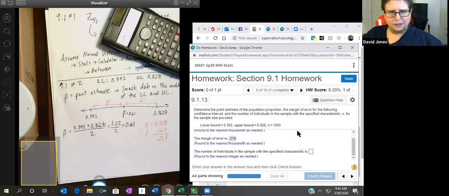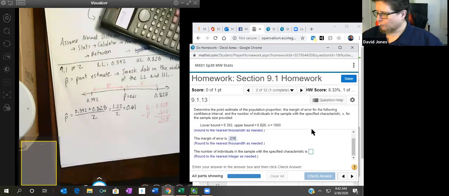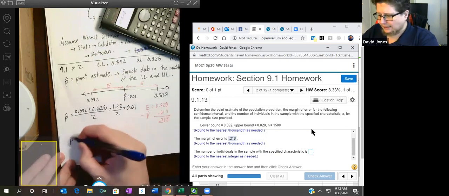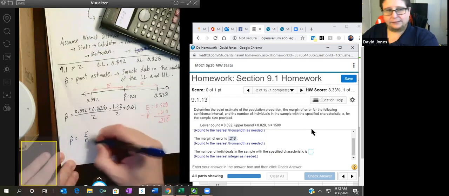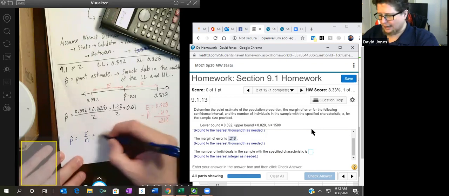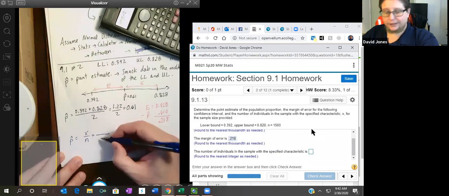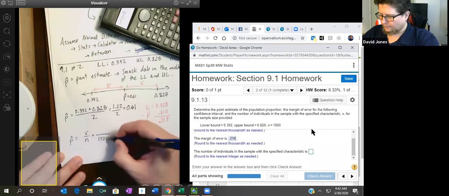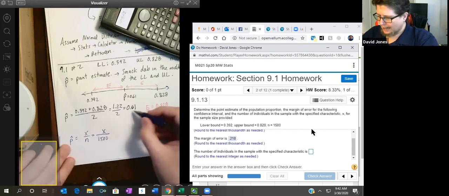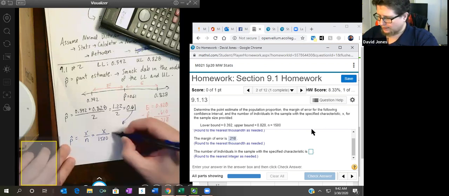It says the number of individuals in the sample with the characteristic, round to the nearest integer. Okay, so remember for proportions, p hat is x over n. And we know n was given to us as 1500. We don't know what x is. Well, we do know p hat is 0.61.